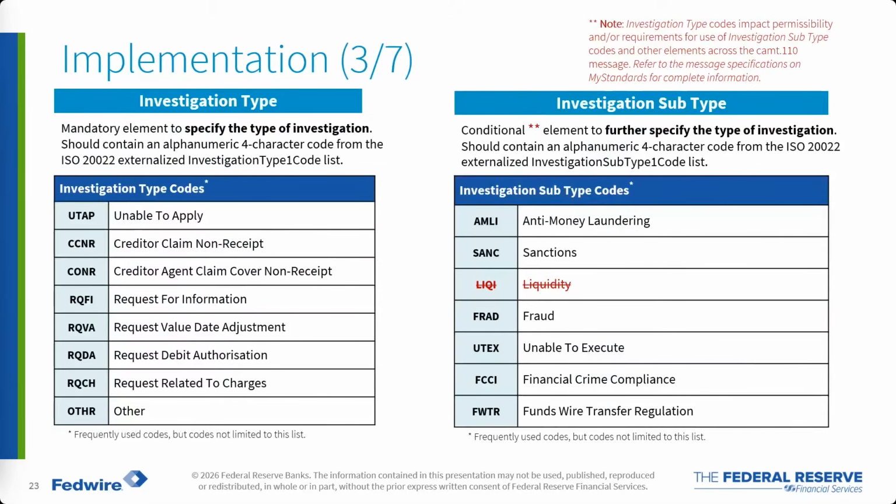There are some rules around combining certain investigation types and subtype codes with other elements, mainly restrictions of certain combinations that would not make sense. For these strict technical details, we invite you to consult the message specifications on MyStandards. That would take us too much into the weeds for today's webinar. But some of the investigation type codes cannot be combined with some of the subtype codes because it just does not make sense.